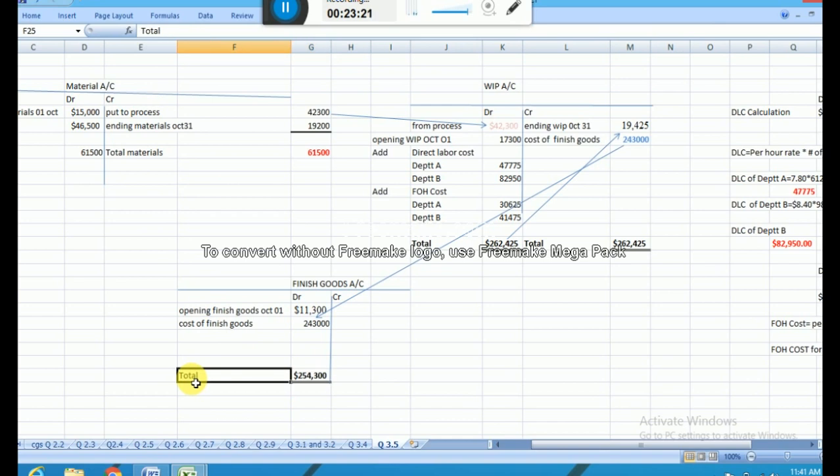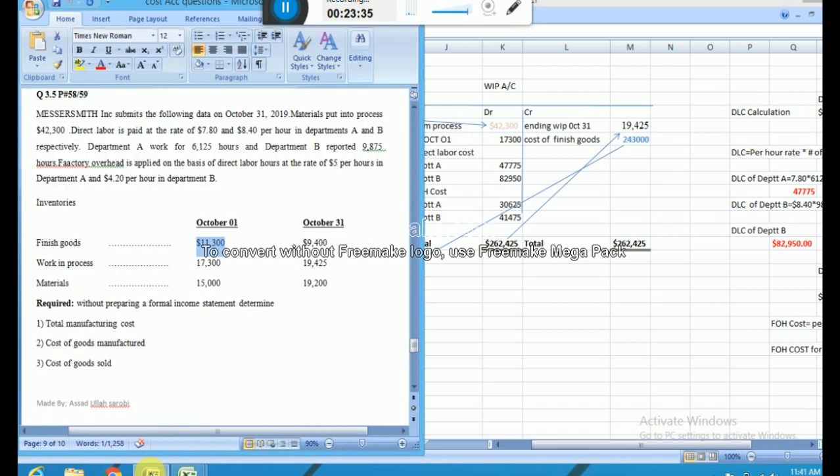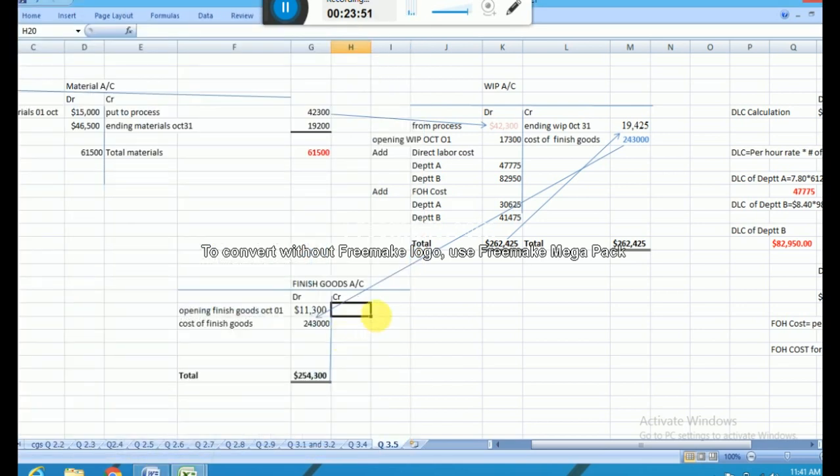According to the record, we now have $2,54,300 of finished goods. But look, today is the 31st of October, the end of the month. When we check the warehouse record, the question says that $9,400 of finished goods remain unsold. These finished goods will be sold next month.